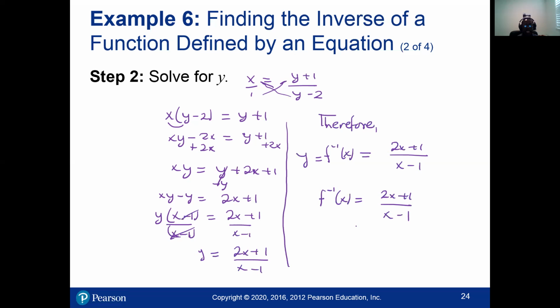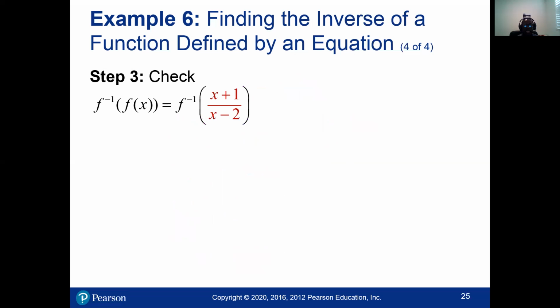Okay, so now we're going to check the results. Check that this is really true. So we compose f inverse with f. It means that wherever we see x in the inverse function, we plug in the whole of f.